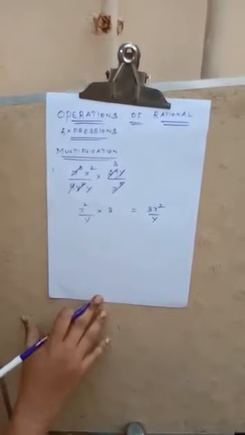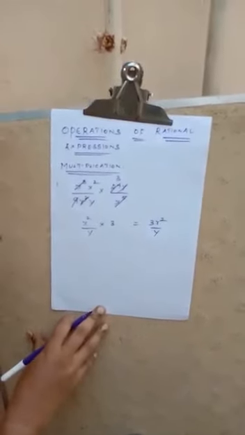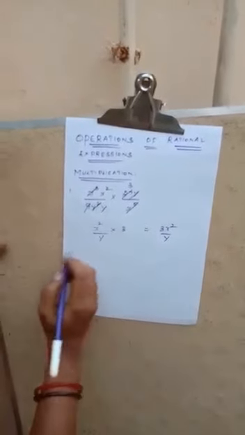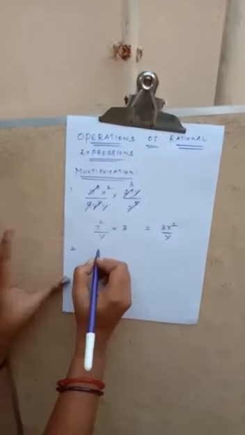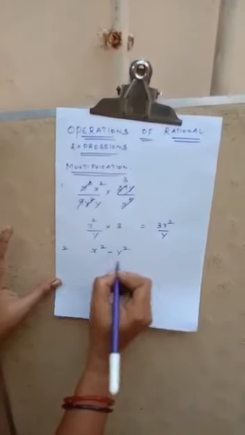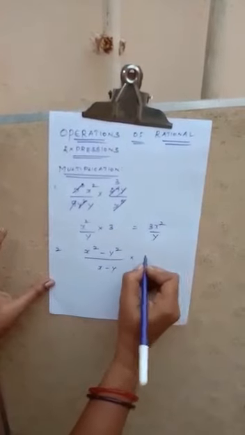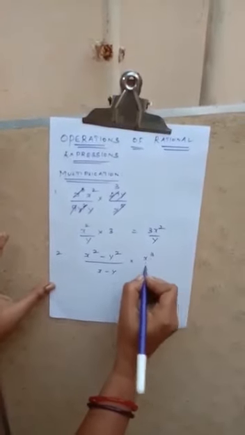Normally it is easy for monomials, but what if it is given in binomial or quadratic polynomial? How can we cancel? For example, I'll give you one sum: x square minus y square divided by x minus y into x cube by y cube.